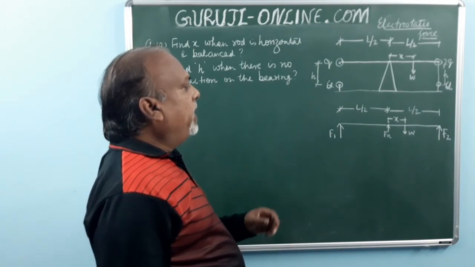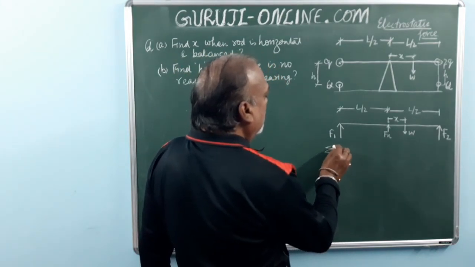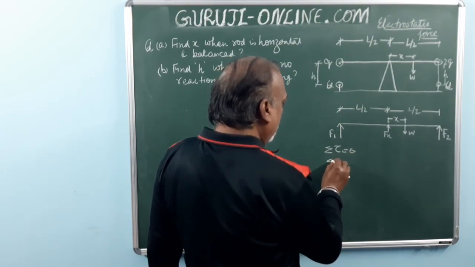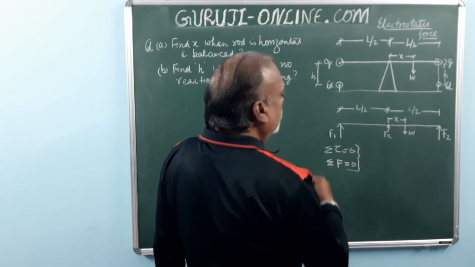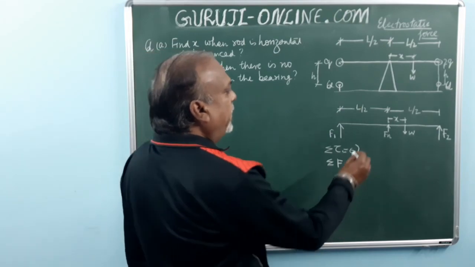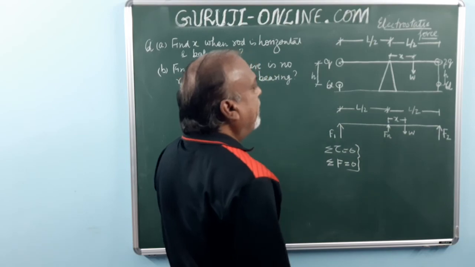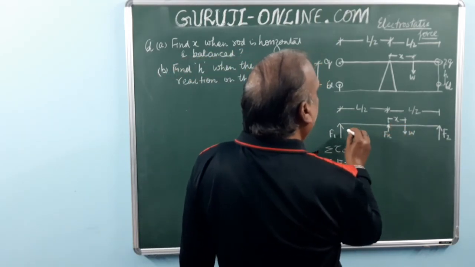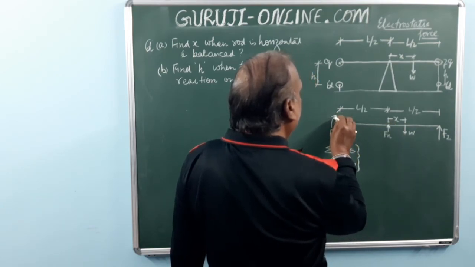Now, at equilibrium, basically torque must be 0, and of course force should also be 0, these two conditions should be fulfilled. So if we take the torque from this point, then this F1 will be like this.